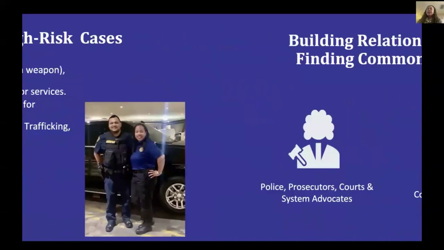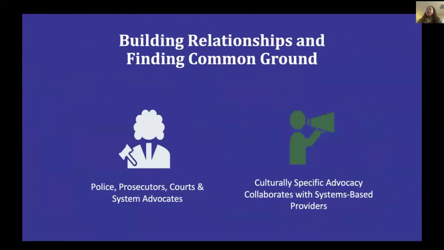Next slide, please. So we're building relationships, we're finding common ground. This is what this is about. We have our systems advocates, our police, our prosecutors, our family courts, our protective order courts, and we're working with our culturally specific advocacy groups that collaborate with the systems-based providers, and that creates the common ground for that survivor to feel not only safe, but empowered.